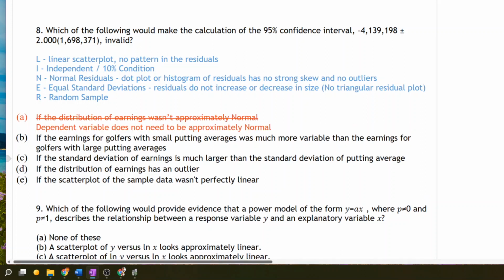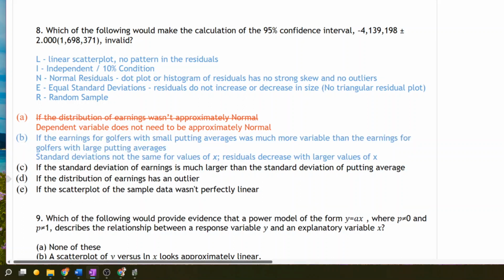Letter B: if the earnings for golfers with small putting averages were more variable than the earnings for golfers with large putt values, then that would seem as though residuals for small putting averages were larger than residuals for the large putting averages.